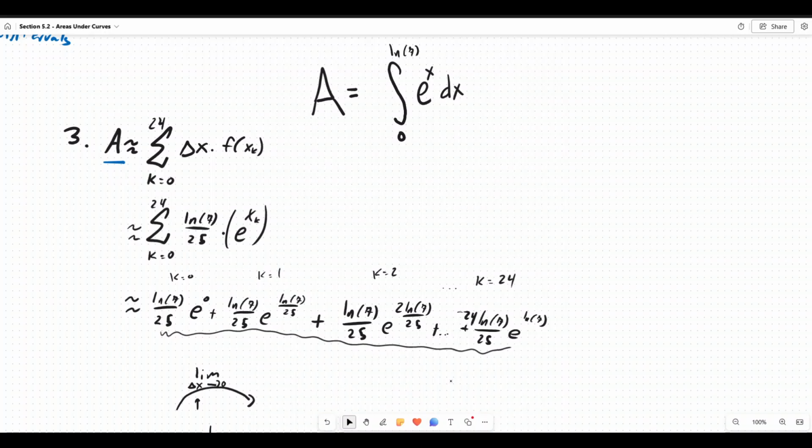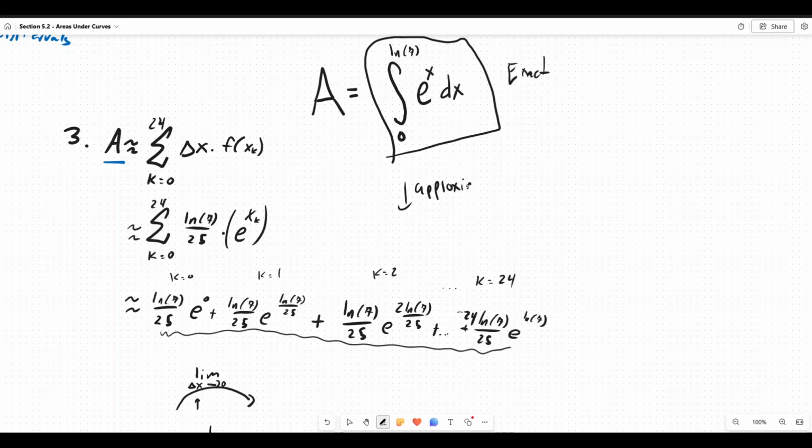And I just have to figure out, what does this mean? And I need to point out, this is exact, and this is approximate. But the exact is the limit as n goes to infinity of the approximate.